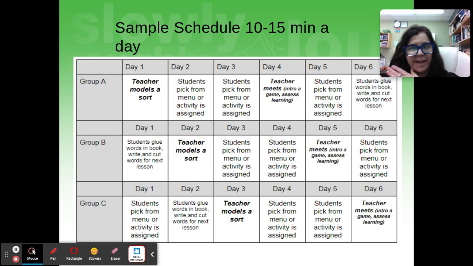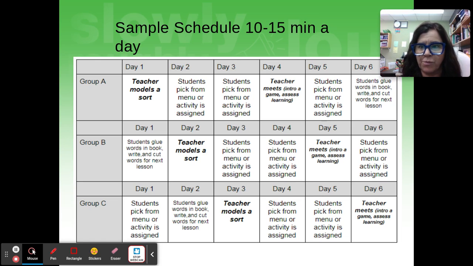And then everybody, day 2, day 3, day 4, day 5 are doing the same exact work, maybe with just different words. So day 2, you give them 10 minutes to do a written sort. Day 3, you give them 10 minutes to do a manual sort. Day 4, everybody gets 10 minutes to go out into the world to find actual words that meet their criteria. Day 5, everyone's playing a game. And then day 6, everyone takes the assessment. That's another way to do it as well.